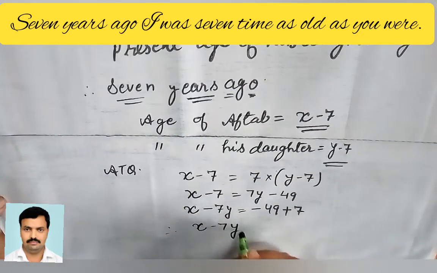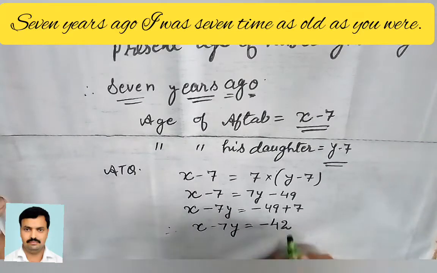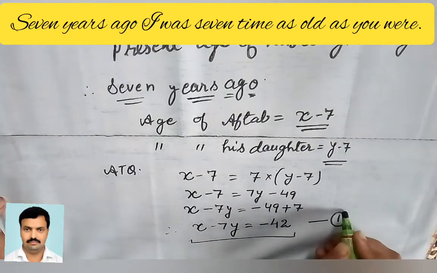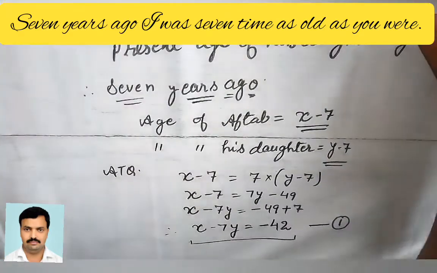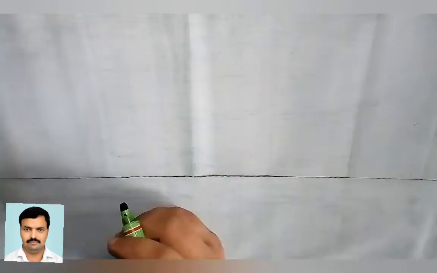And this will be x minus 7y equals to minus 42. So this is the form which is ax plus by equals to c. So this will be your equation number 1.